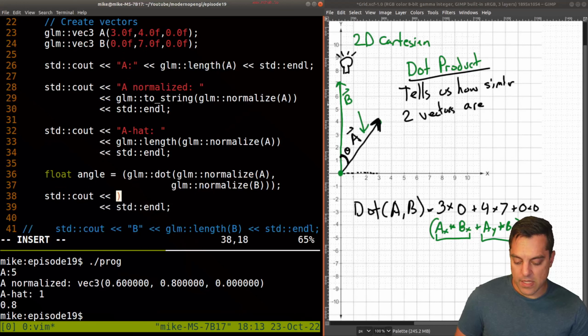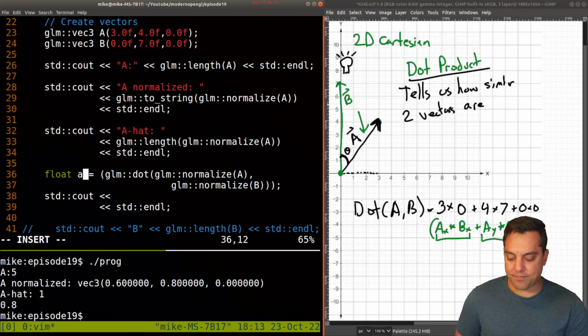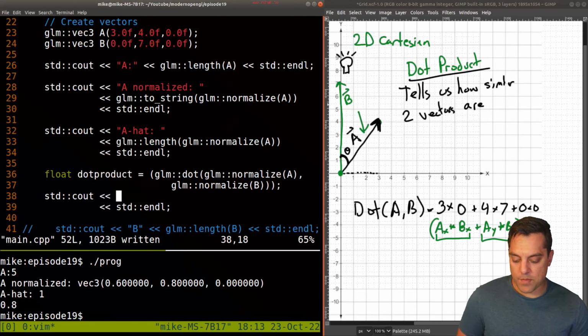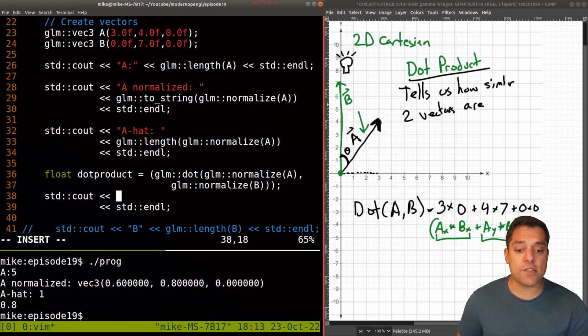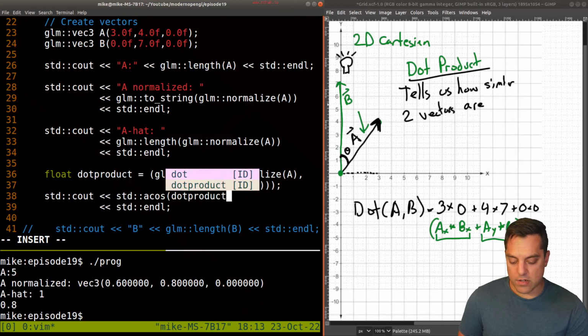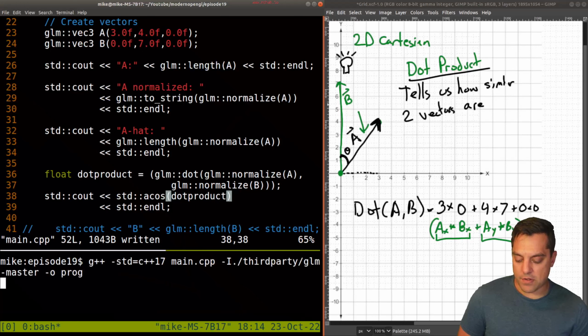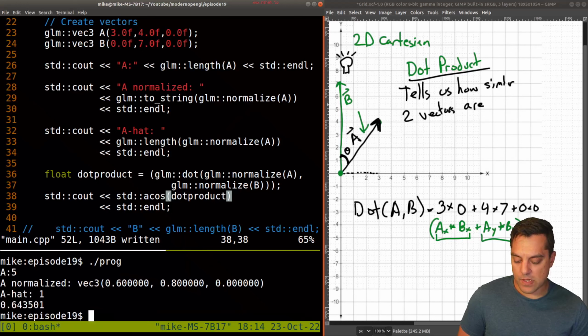Actually, let me write this a different way, because this is going to return the dot product. Then I can use the math library in C++. Let's use standard arc cosine of our dot product result, and see what this gives us. I might need to include the math library. Nope. This gives us a value 0.64.